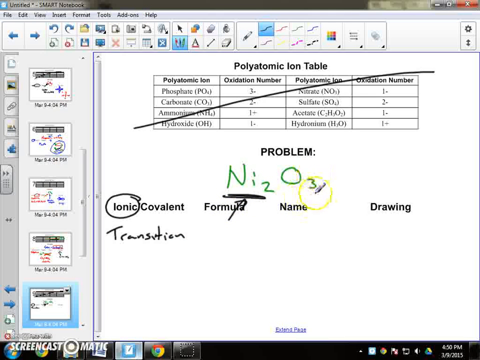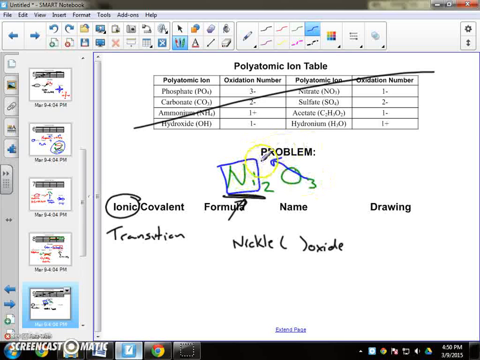The name, in order to find the name, I know that this is going to end up being nickel. I know that this is going to have something in parentheses, and then we're oxide. Okay, now the question is, what goes in parentheses? I'm trying to find the oxidation number for nickel. And in order to do that, I'm going to take this number here and shift it up top.